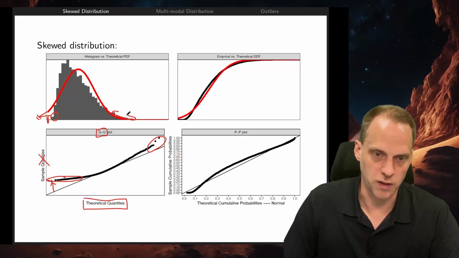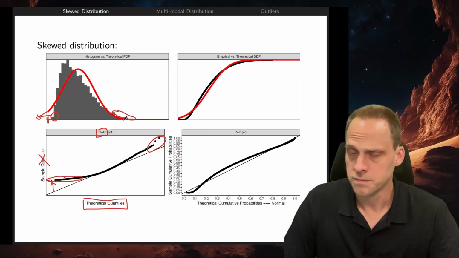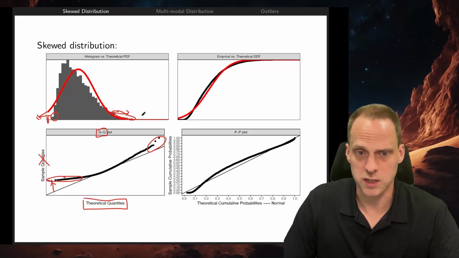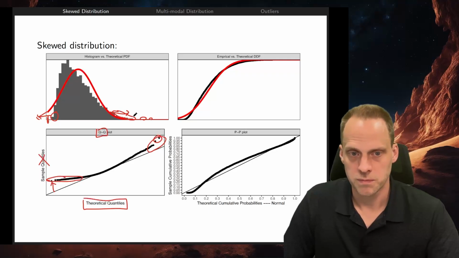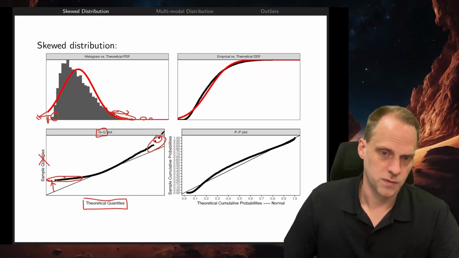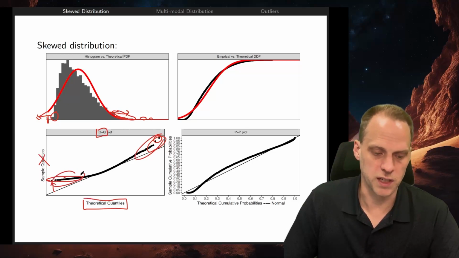We see there's quite a lot of data here on the right. That's typical in a right-skewed distribution. Basically, there will be more data still here. Maybe there are some data points here as well, which are these outliers that are higher than what we expect. We don't really expect anything beyond this point here in this red curve. As we see here and here, clear violations of the normal distribution.